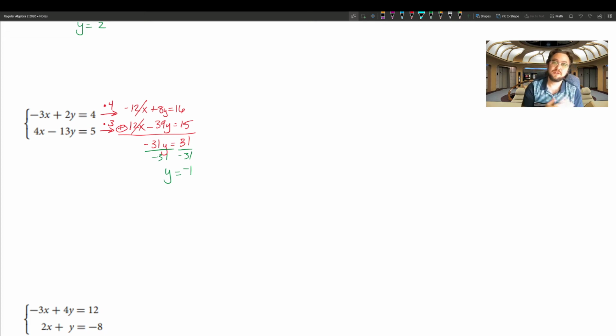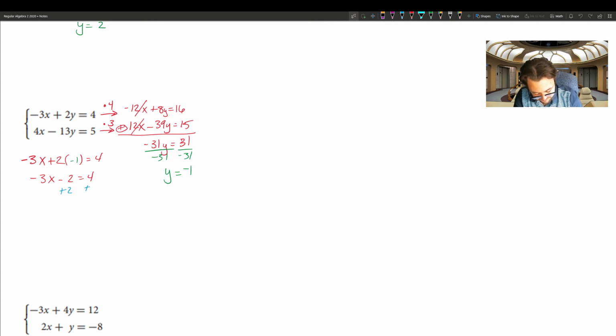We can plug that into either equation. I think the top one looks easier this time because it's got the smaller numbers. Negative 3x plus 2, and this time we had a y, and that's a negative 1, equals 4. So that's negative 3x minus 2 equals 4.